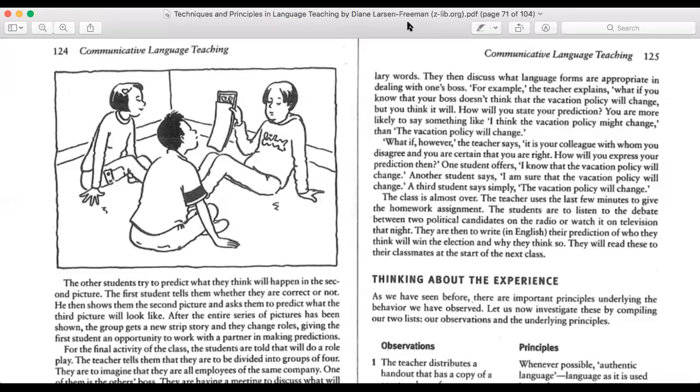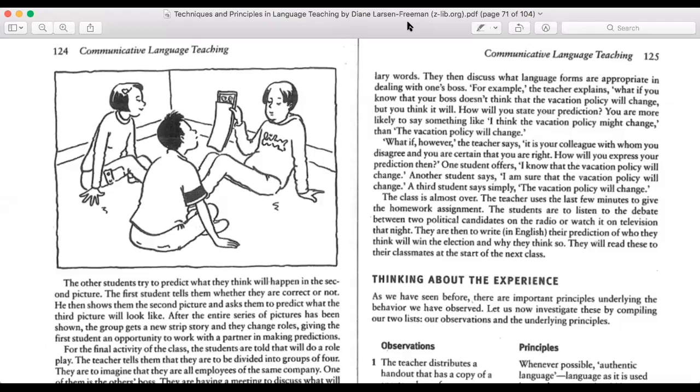Okay, so you are going to choose the level of the students to whom you would be teaching. Then you will choose one of the methods through which you would like to teach the students. And the third thing you are going to do is you are going to create activities with a particular objective. Why do you want the students to do this activity?